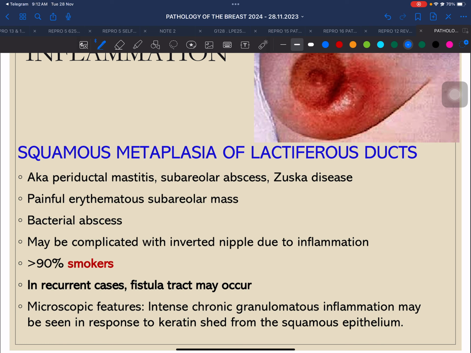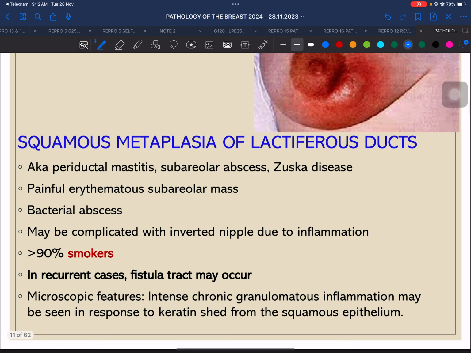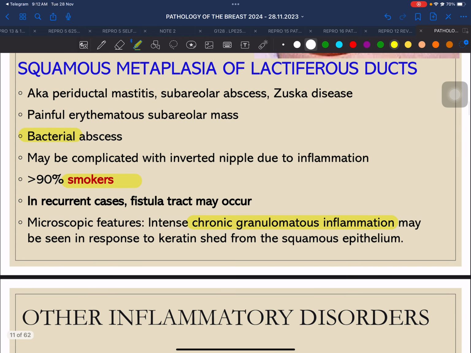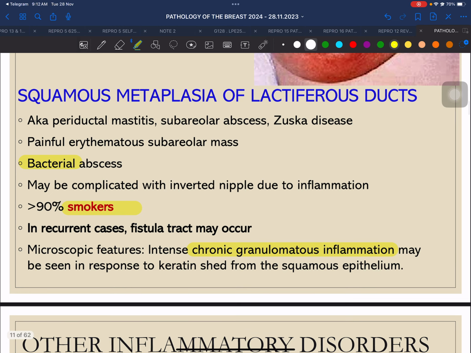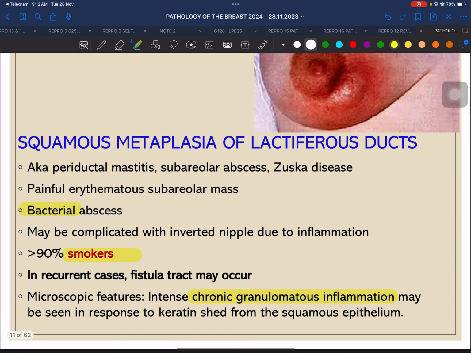In recurrent cases, a fistula tract can occur, and microscopically you will see granulomatous inflammation, and probably this inflammation is a reaction to a foreign material, which is the keratin shed from the squamous epithelium. The ductal lining actually becomes metaplastic. They change from the normal luminal columnar epithelium to squamous epithelium in this case.